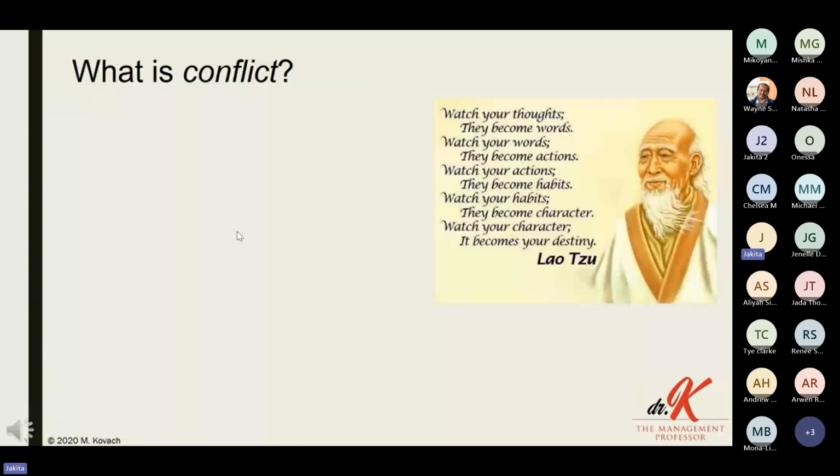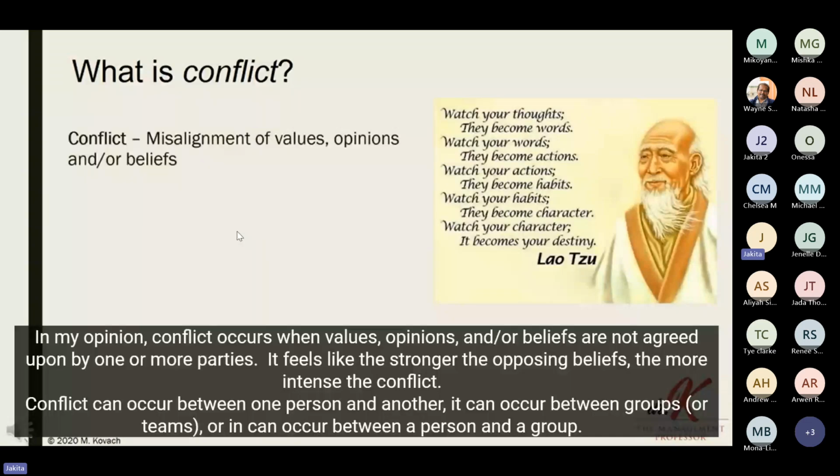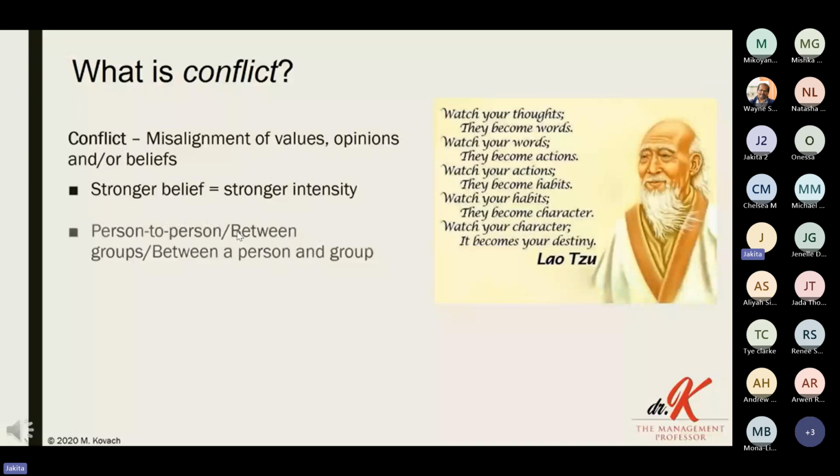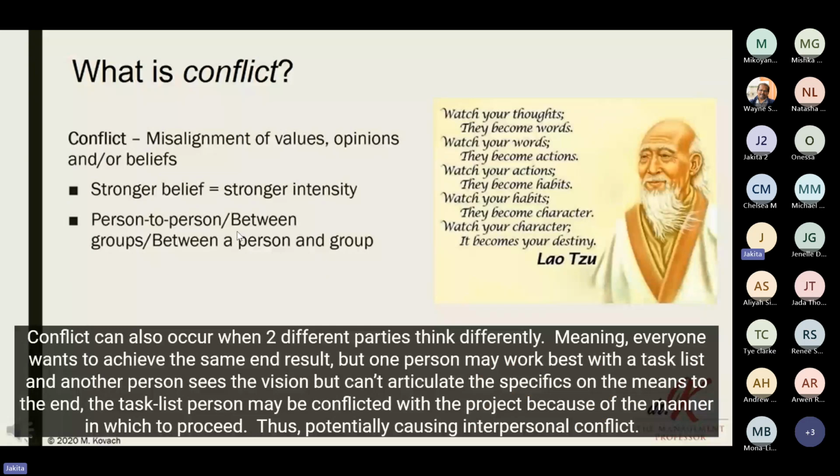In my opinion, conflict occurs when values, opinions, and/or beliefs are not agreed upon by one or more parties. It feels like the stronger the opposing beliefs, the more intense the conflict. Conflict can occur between one person and another. It can occur between groups or teams, or it can occur between a person and a group.